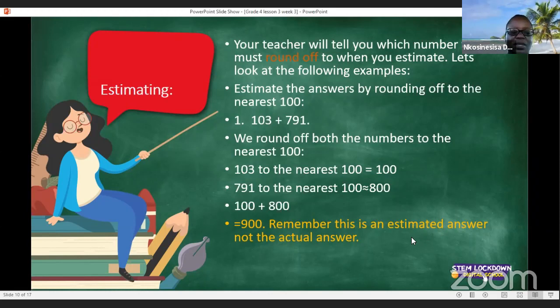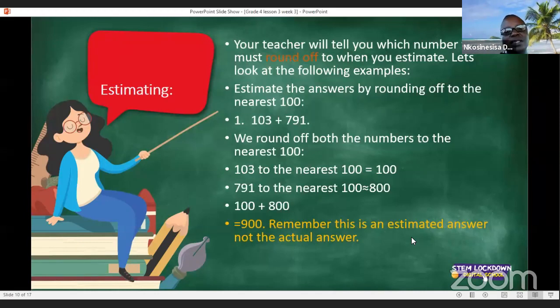So grade 4s, can you please ask your parents to play this video again for you so that when you come tomorrow, you know how to round off. And remember my talk about you sitting still, please sit still so that you can understand. Tomorrow, because we didn't finish today's lesson, we're going to continue with rounding off and estimation.